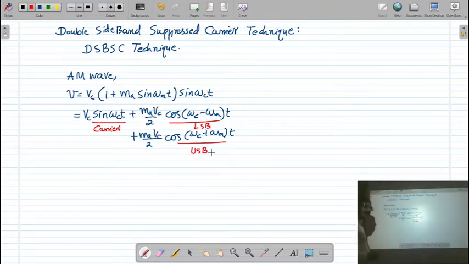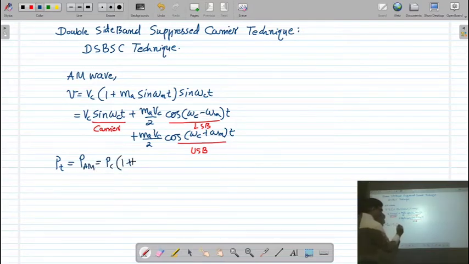Then we calculated the total power of the modulated wave, and that expression is written as Pt equal to Pc into (1 plus Ma square by 2).